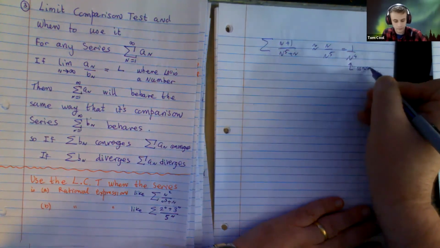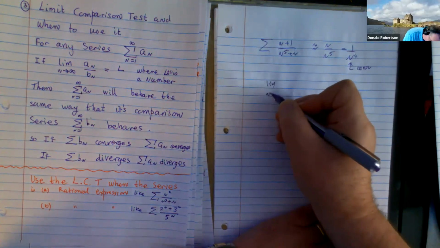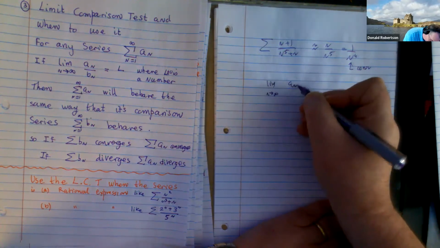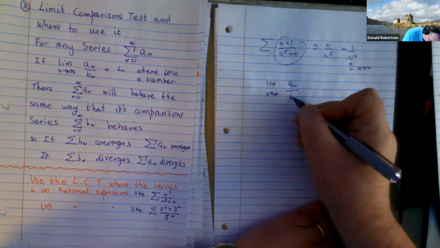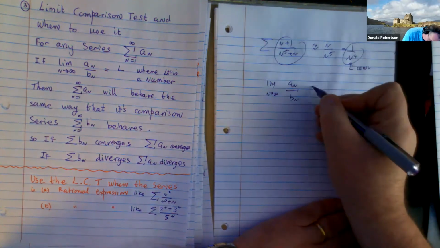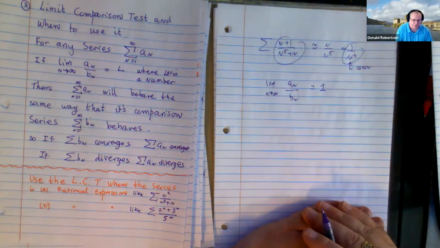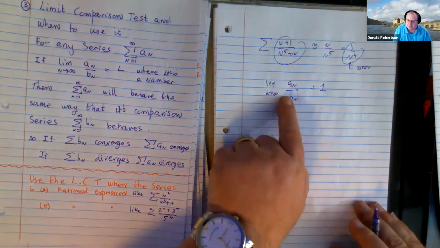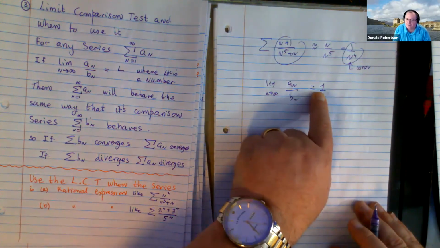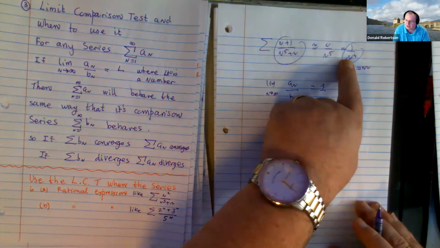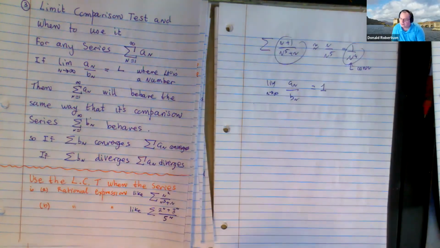And when you do the limit as n tends to infinity of an, which is this guy, divided by bn, which is this guy, the answer comes out as a number. According to the limit comparison test, if the limit of this is a number, then this guy behaves like that guy. So that means it converges.